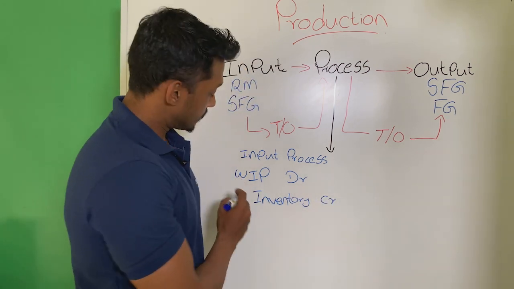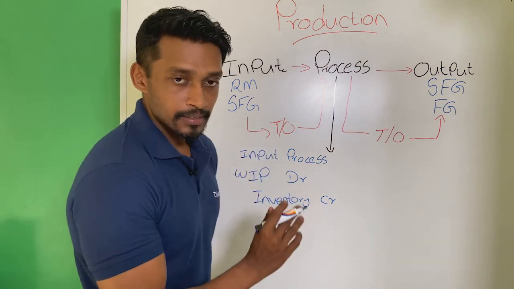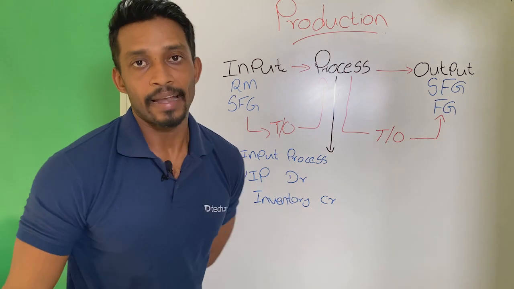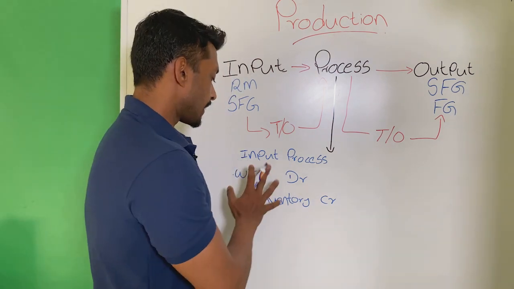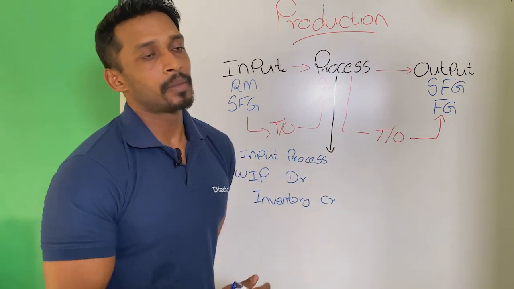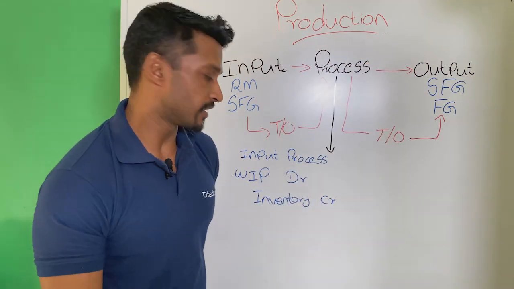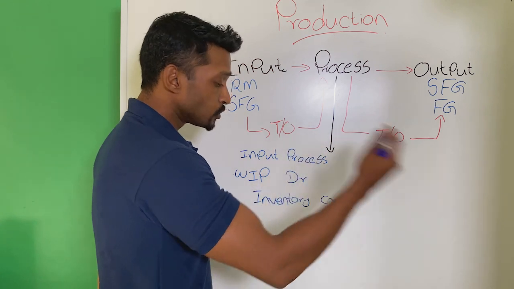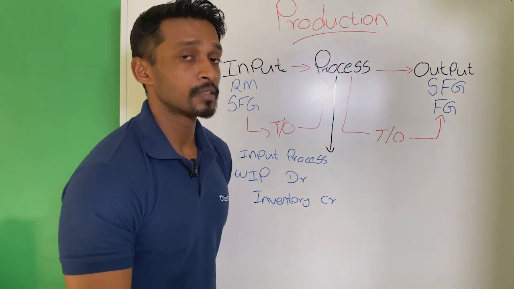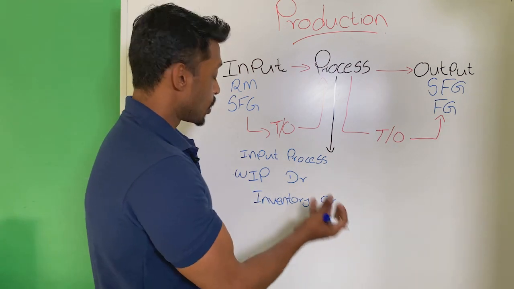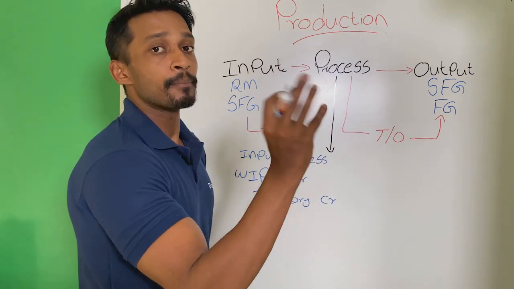What is this account? Is this an asset account, a liability account? This is also an asset account. What does WIP mean? Work in progress means it is still in the process, not finished yet. So once you put your raw material into the production process, into the blending process, your raw material is in process.